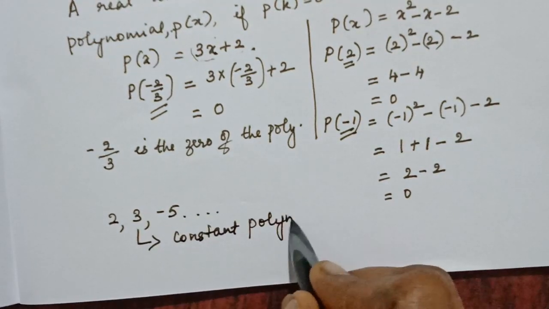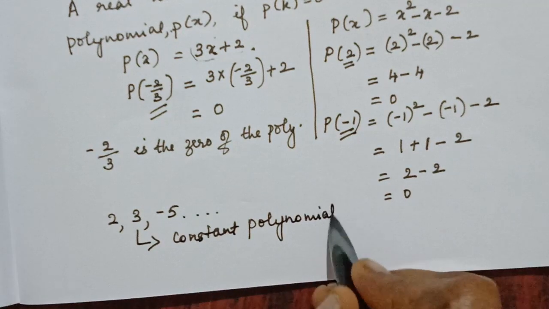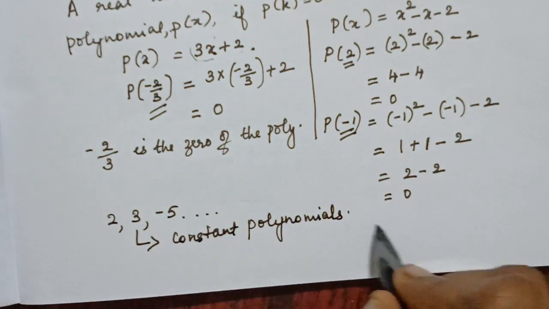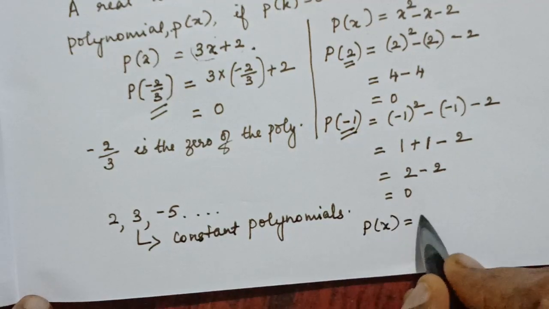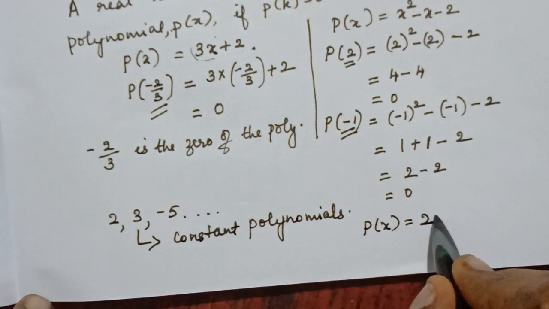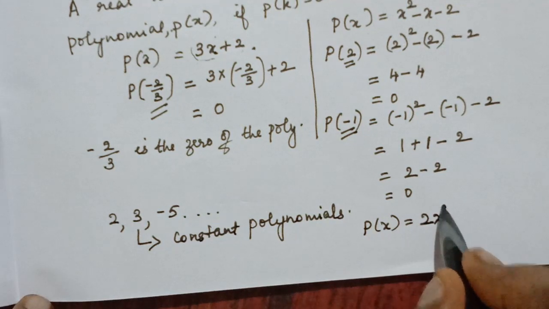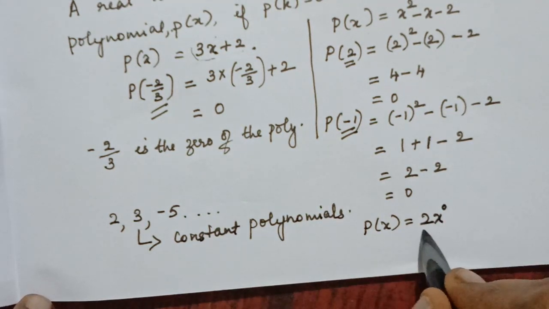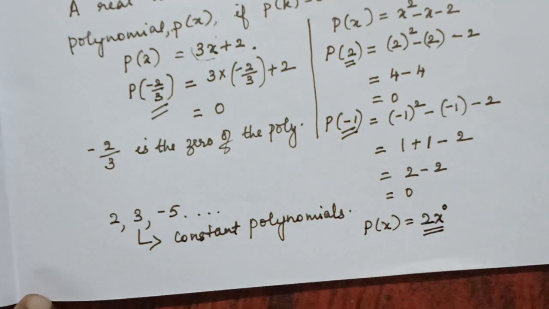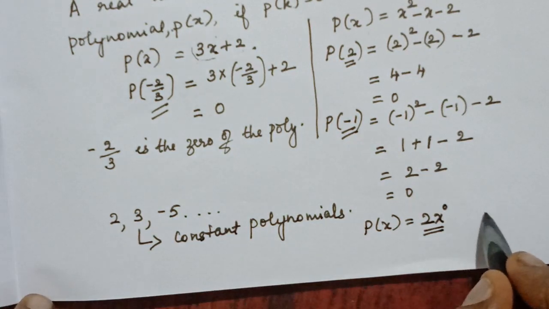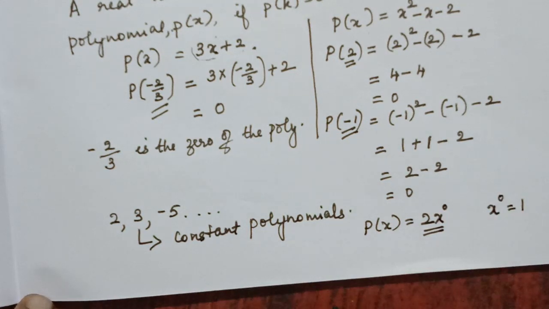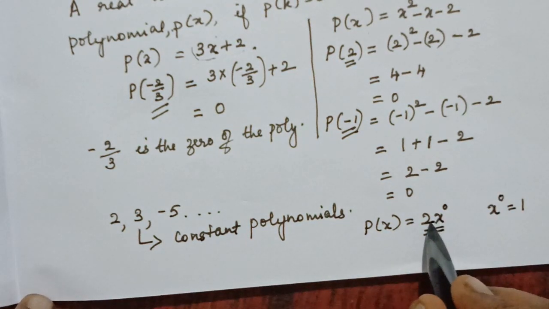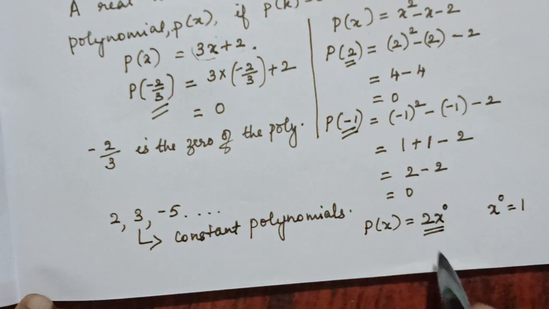That is, if I am writing p of x is equal to 2, here the power of x is 0. So this is also a polynomial. And you know that any number to the power 0 is 1. So 2 we can write as 2 into x raised to 0, which is a constant polynomial.